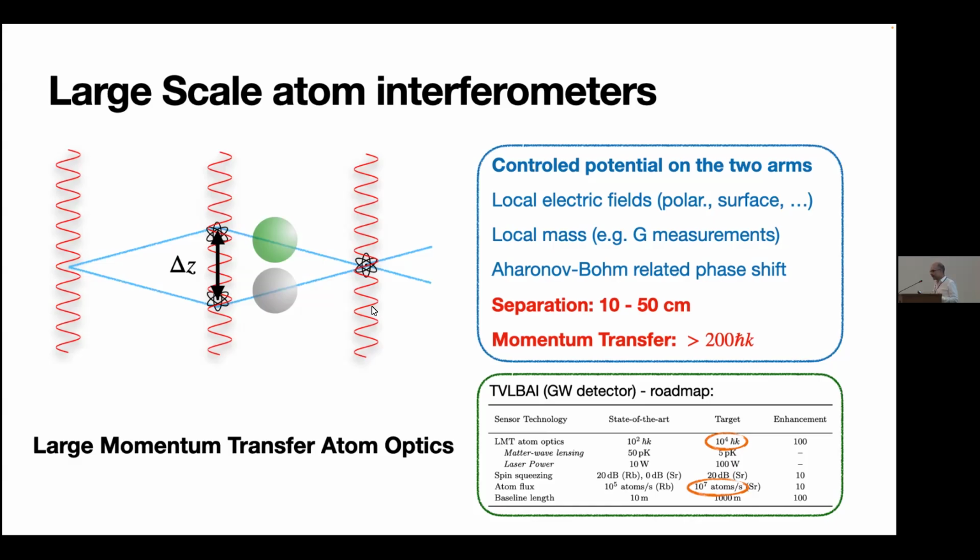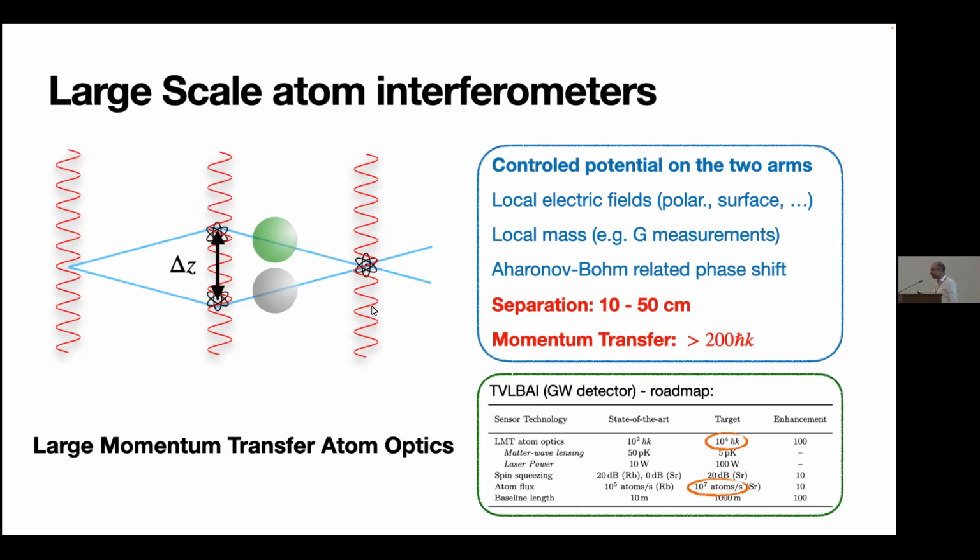With that kind of separation, we can eventually test atom neutrality, and we also hope to make some new measurements of the gravitational constant, big G. To achieve such a high separation, we need a large momentum transfer greater than 200 h-bar K. This is why we study that kind of atom optics.